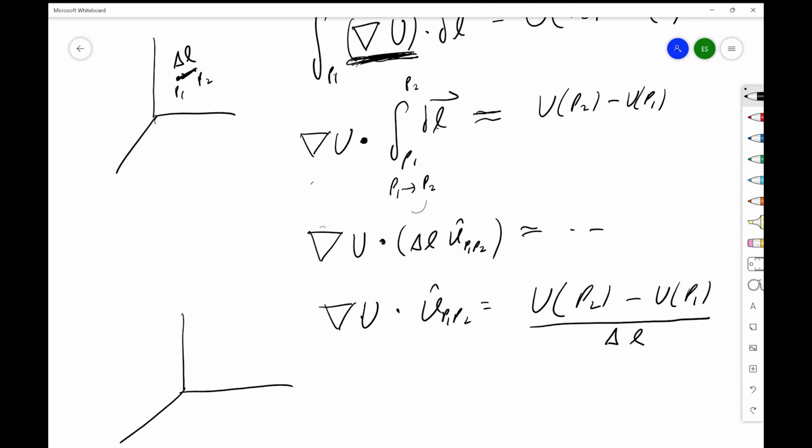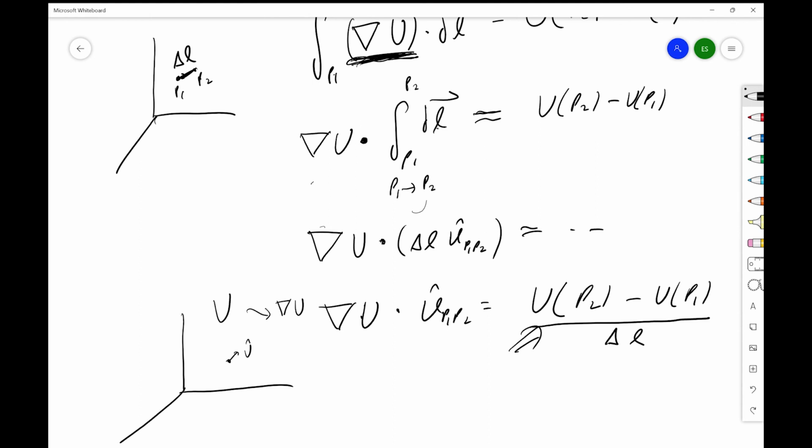If I have U, a scalar field, and I take its gradient, the gradient gives me a directional derivative, which is a vector field that if you dot it with any direction, let's say you dot it with this U hat, it will give you the rate of change of U in that direction.